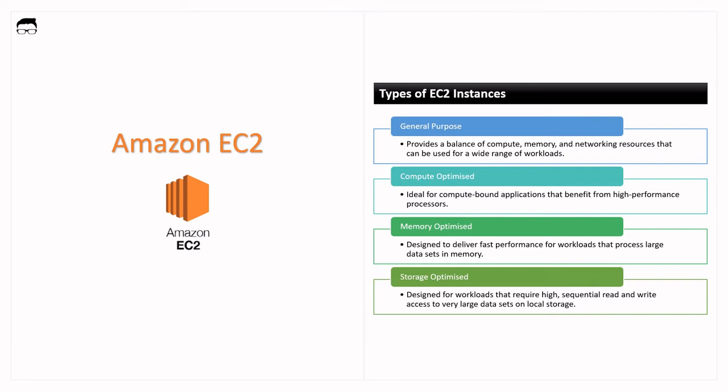And storage optimized instances are designed for workloads that require high sequential read write and store large sets of data. The last one is the general purpose. This is a balanced mixture of all the other three: compute, memory, and storage. That's the general purpose instance.